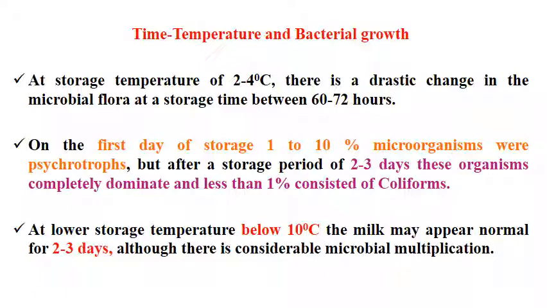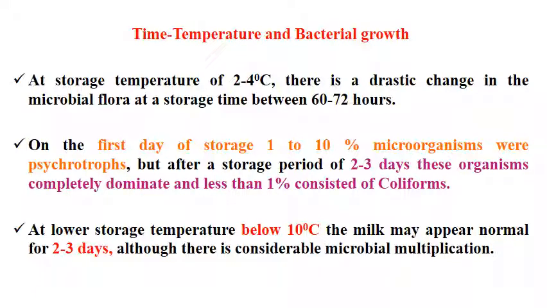That is, if we hold at 2 to 4 degrees Celsius for 60 to 72 hours, the profile of microbial flora changes. So as I said earlier, only the microbes which can grow at lower temperature, their population will increase. On the first day of storage, 1 to 10% of microorganisms were psychrotrophs.